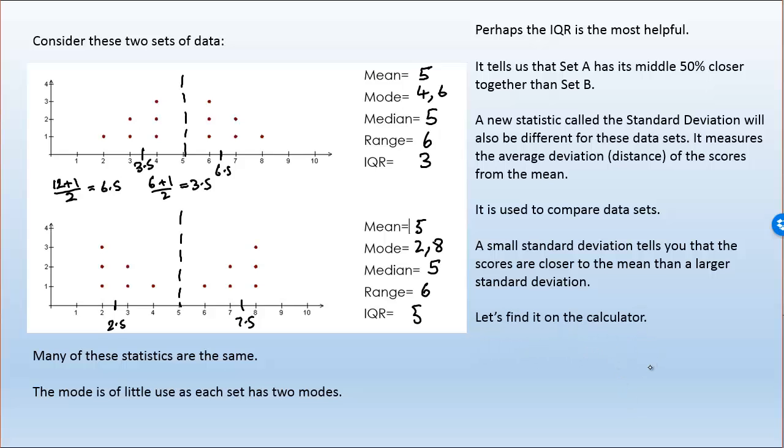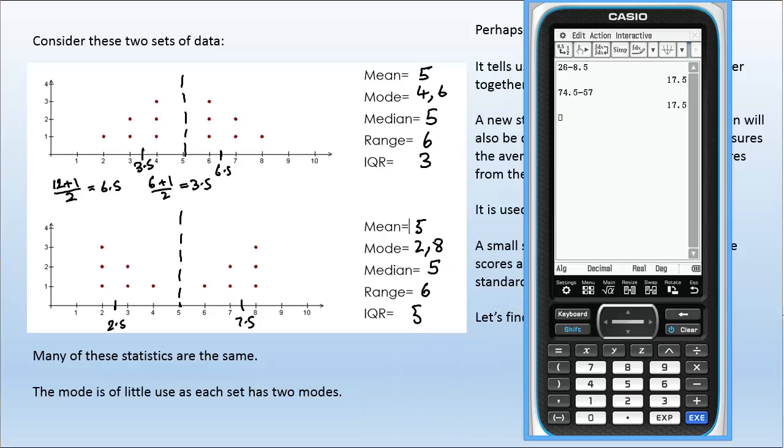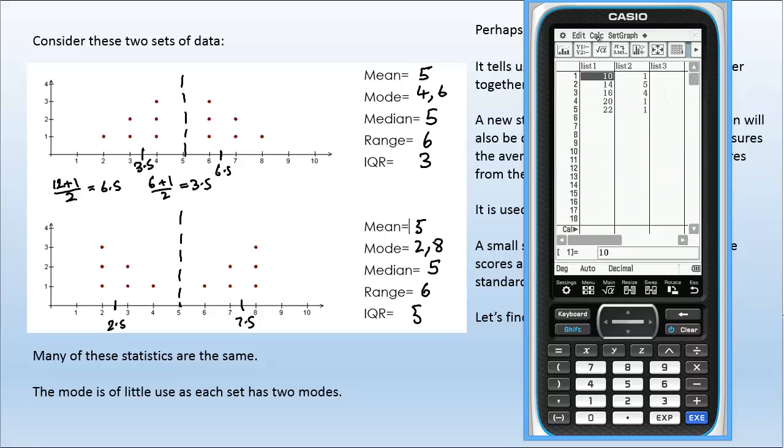Let's find it on the calculator. So let's bring in the calculator. And we have looked at this before, but we're doing it specifically here now. So let's go to the menu and statistics, and we'll just clear out anything that we have there. Just go edit and clear all. And let's put this first data set in.